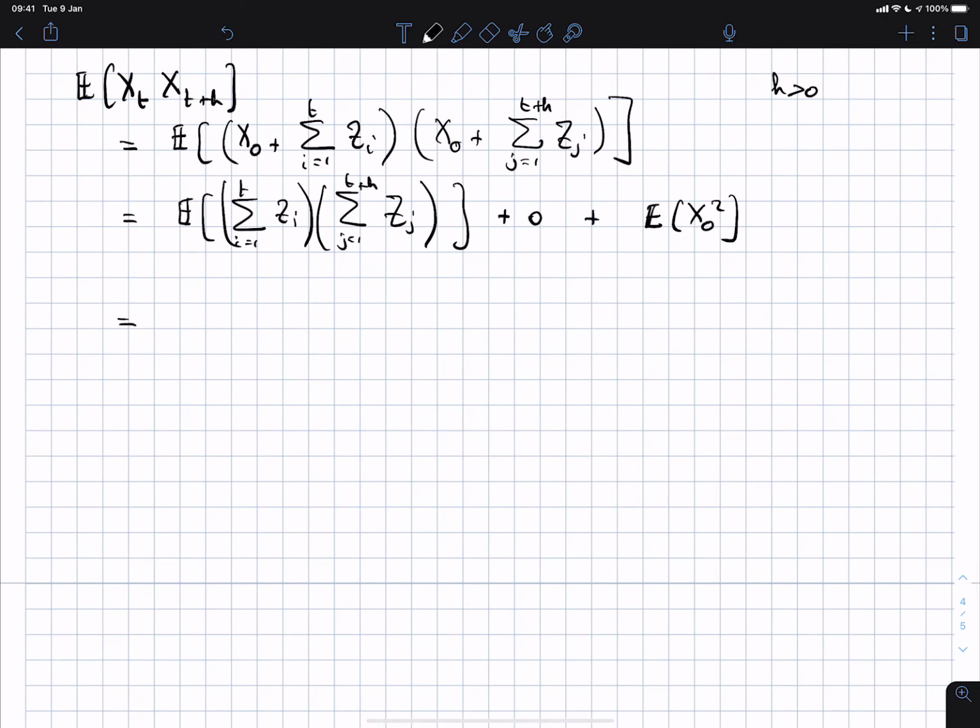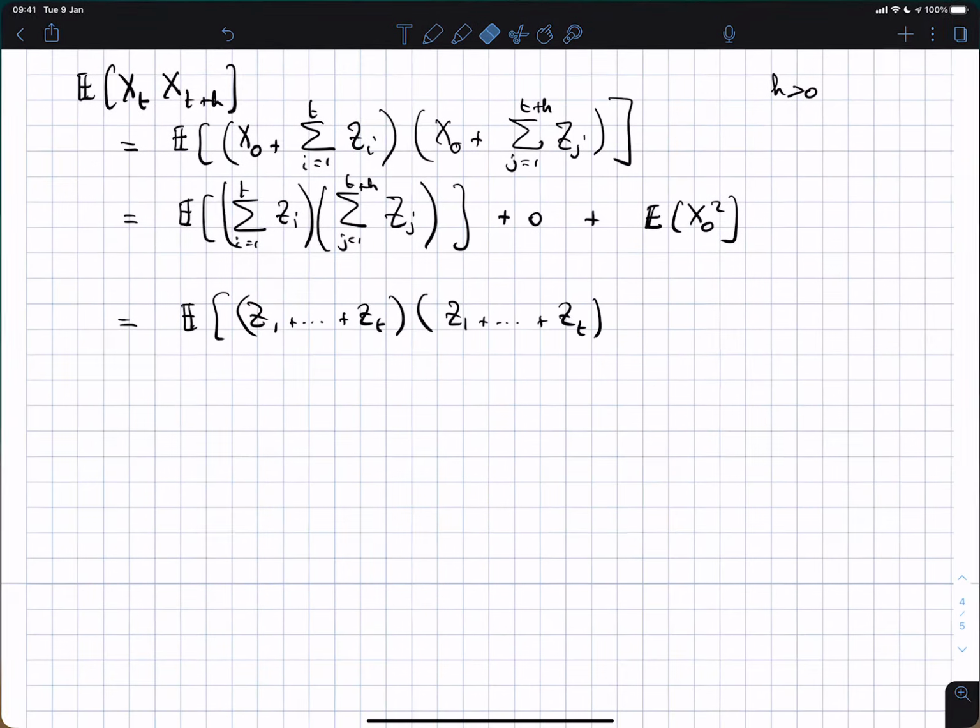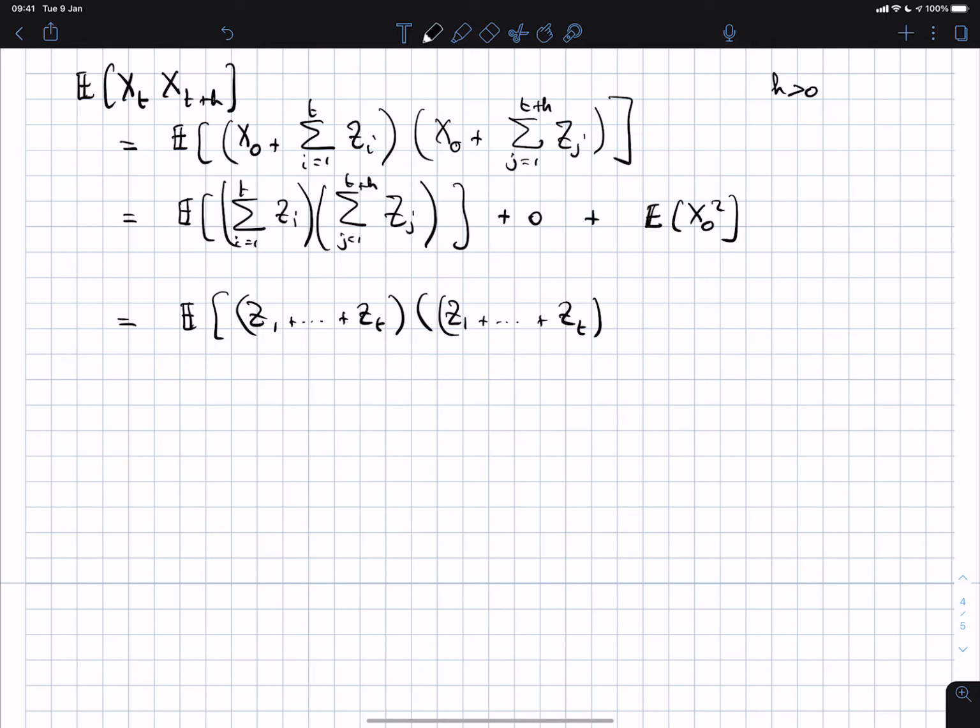And this is the expectation of z1 up to zt multiplied by z1 up to zt, plus zt plus 1 up to zt plus h, plus this guy.